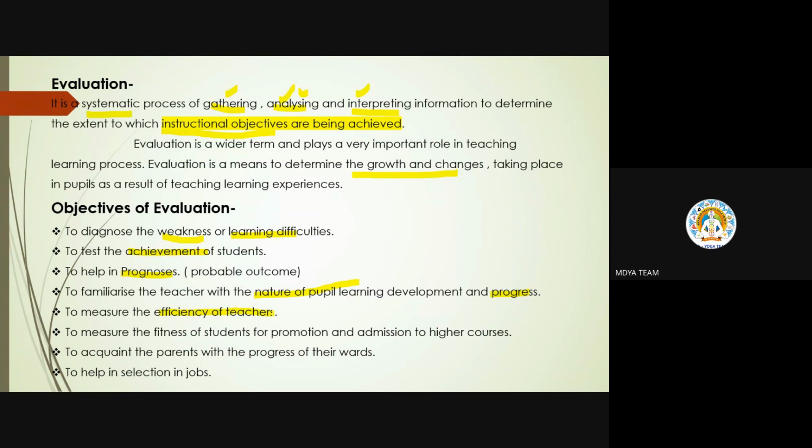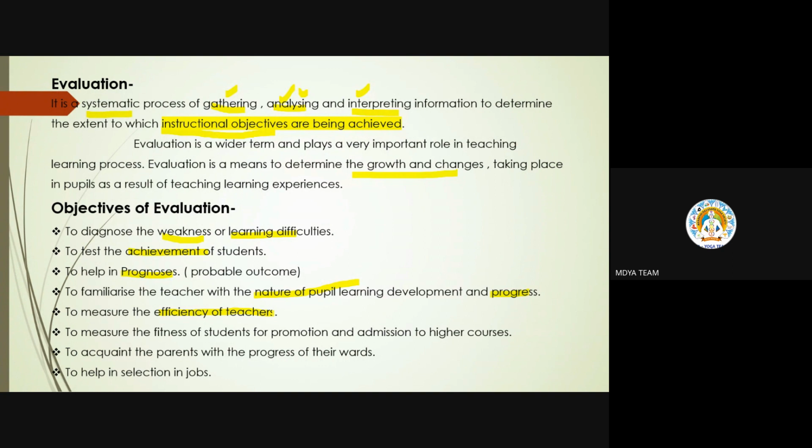Like in a class of 40 students, if a certain test is taken while the topic is not completed, the topic is still going on, and a test is taken in between that topic, and all the 40 students perform very badly.